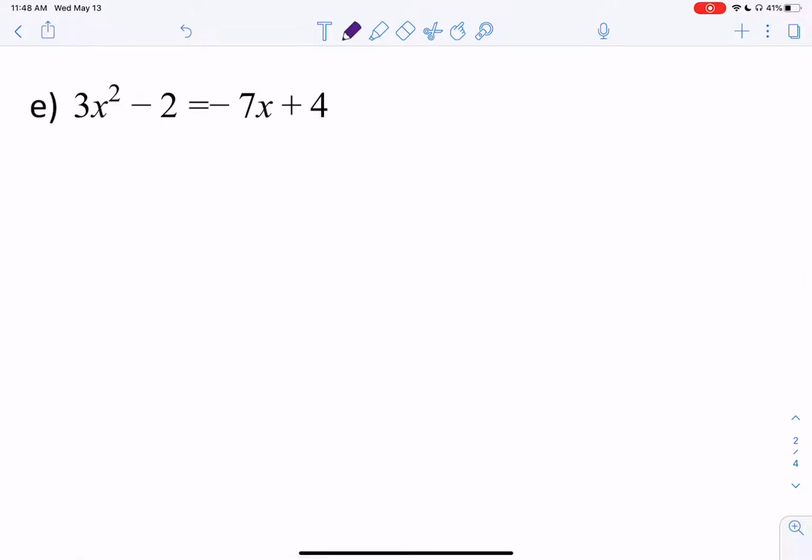This next one here, we have 3x squared minus 2 equals negative 7x plus 4. So the first thing we want to do is get everything on one side. If you've noticed, with all our other ones, they were all equal to 0, and this whole process only works if it's equal to 0. So let's start by moving everything over to one side.